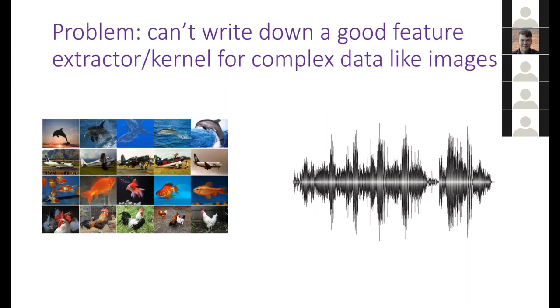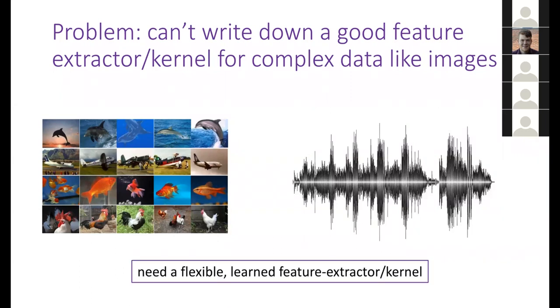And it turned out that basically they couldn't, or at least the performance of anything they came up with was far, far, far worse than even basic things like deep neural networks that appeared in, say, 2012. So the conclusion is really that these shallow methods with fixed feature extractors or kernels really aren't sufficient, and that we need flexible, learned feature extractors or kernels if we're going to reason about these types of very complex inputs.